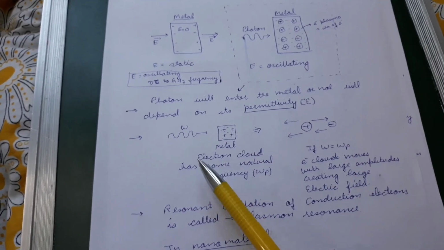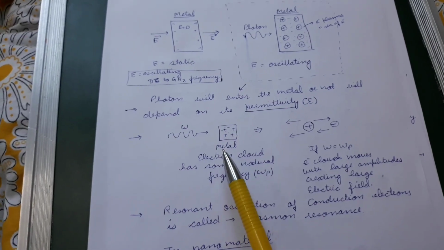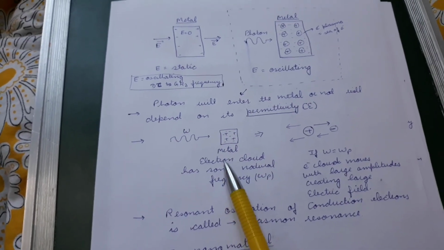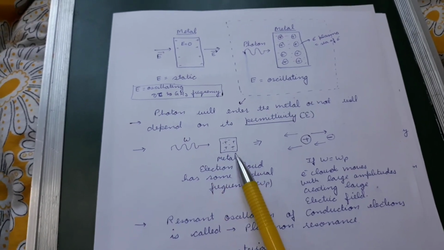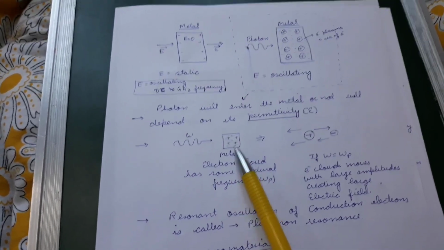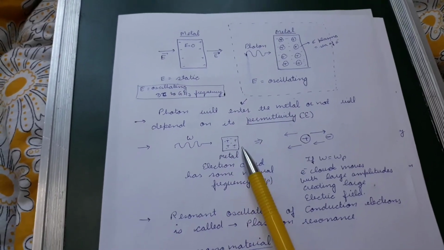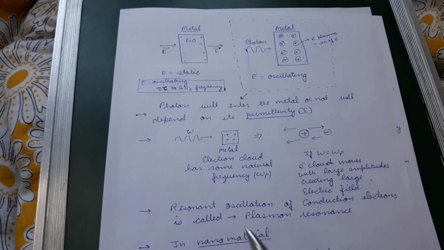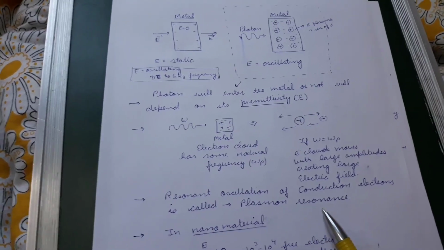This condition, where the frequency of the photon matches the natural frequency of the electrons, is known as the resonant condition. These oscillations of the electrons are known as plasma oscillations or plasmon oscillations. The resonant oscillation of conduction electrons is called plasmon resonance.